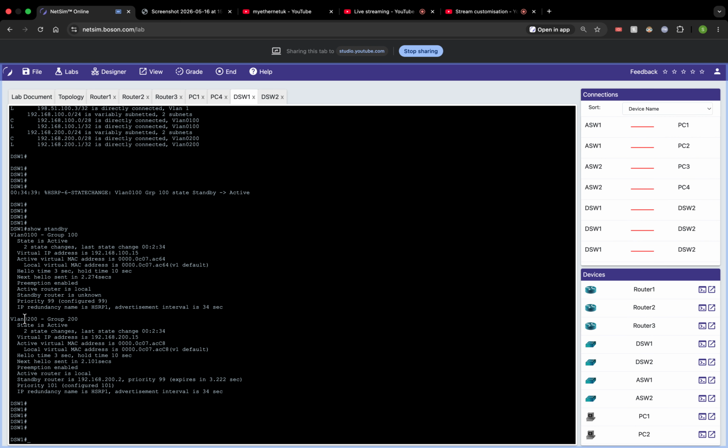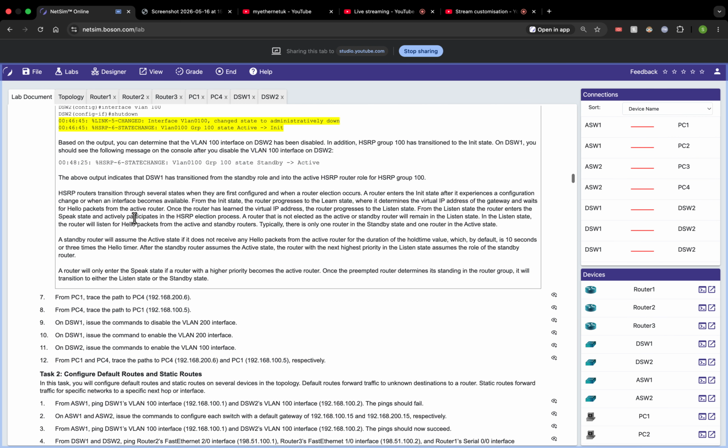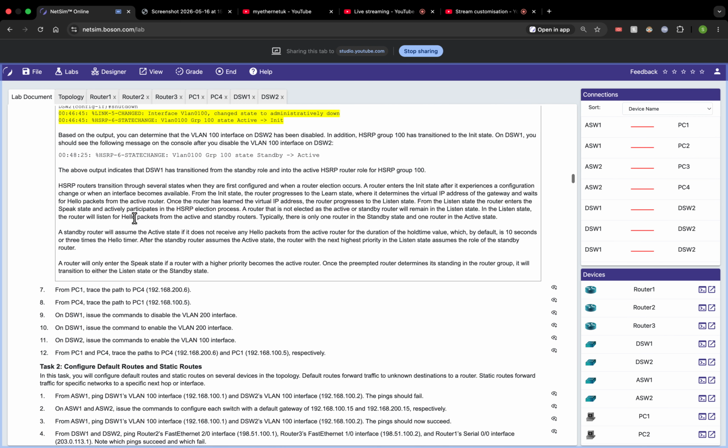There we go. Interface VLAN 100 changed state to administratively down, and the line protocol changed as well. Now, if we keep reading here, apologies, my eyes are straining a bit.